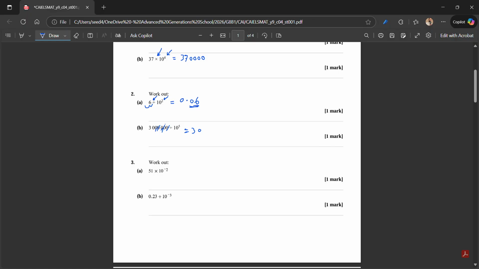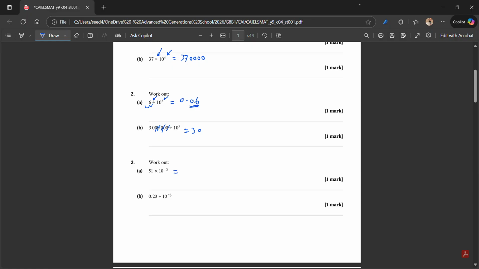Okay, here, guys, these are the trick questions, guys. Why? Here, 51 times 10 power negative 2. If it's a positive power, we're going to add zeros or move the decimal point to the right side.